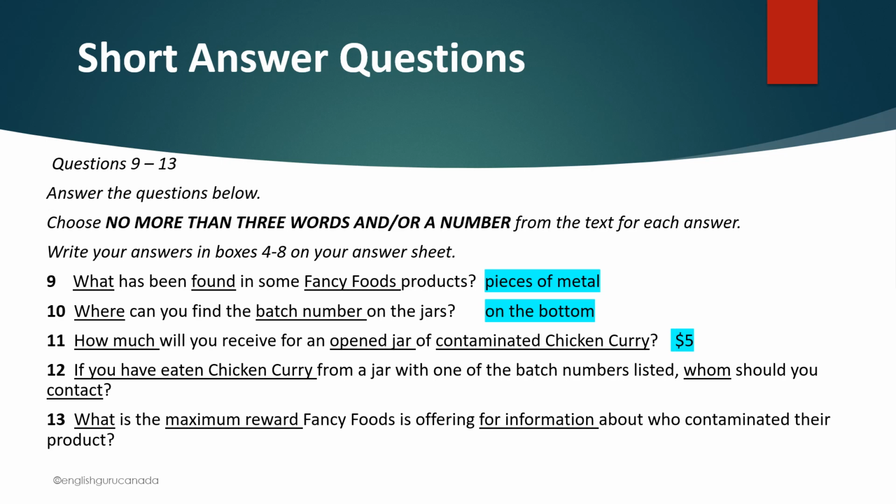Now I'm going to take a look at question 12, which says if you've eaten chicken curry, and then I'm going to look for the signpost word, which is whom, and contact, which means I'm looking for a person. So let's see, or maybe a department.